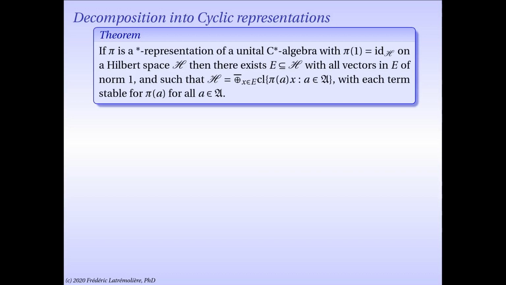That's a complete description of our representation, because you could define a representation of your system algebra on each summand, because indeed each summand is left stable by the action of pi of A for any A in your system algebra. And of course, the resulting representation is cyclic, with a cyclic vector given by this vector X in the set E corresponding to that particular summand.